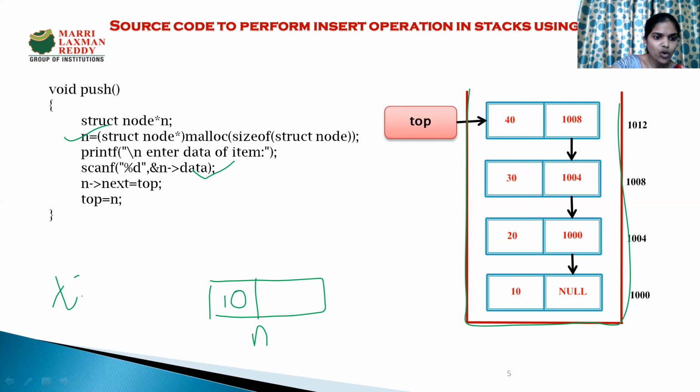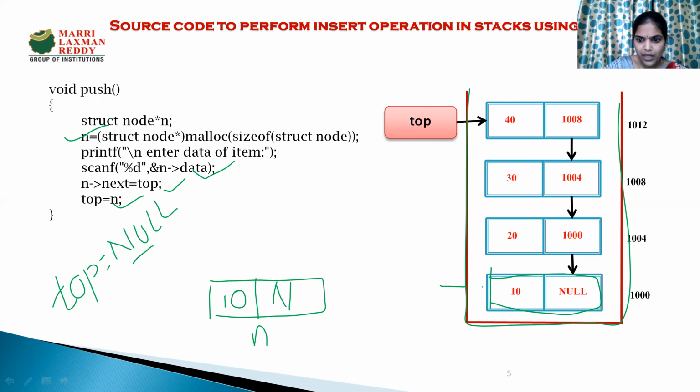Initially, we assign top equals null. It states that there are no nodes on the stack. Now in n next, we are storing the top value, that is null. Next, we are making this n the top element.